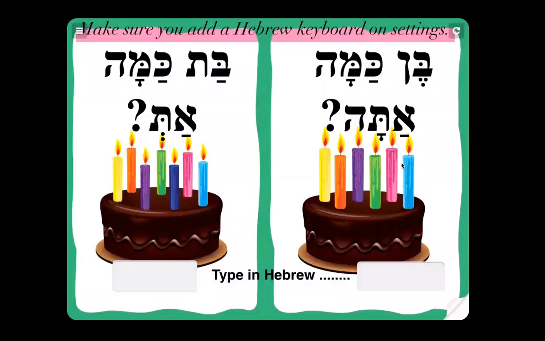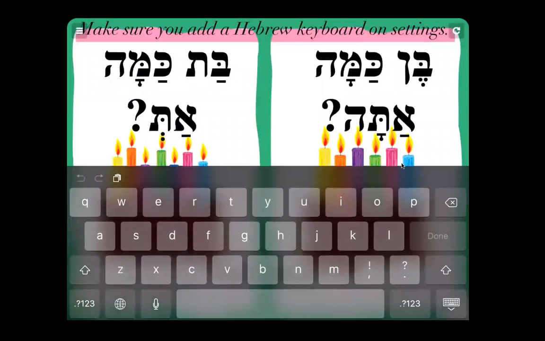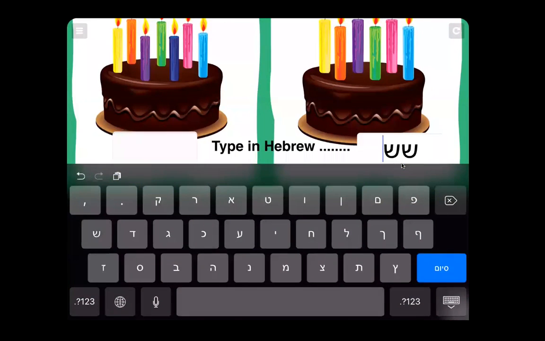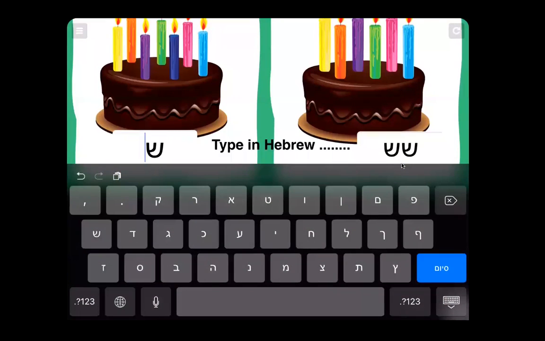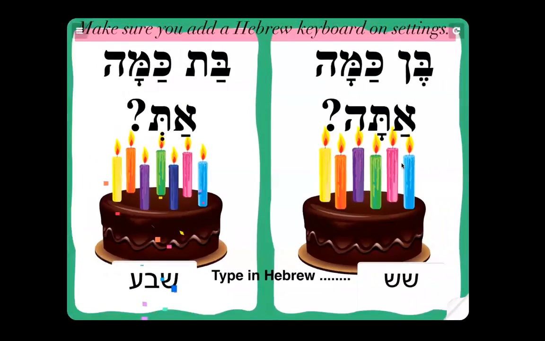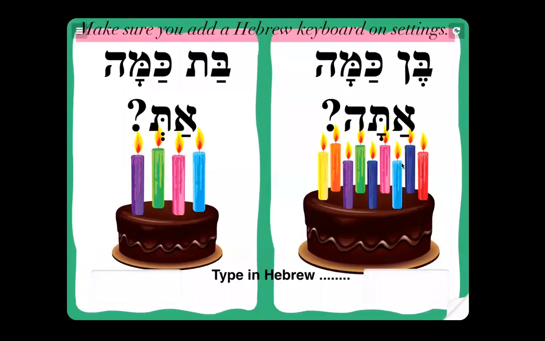So ben kama ata, I have to count the candles, 1, 2, 3, 4, 5, 6, and write here shesh. And then count the numbers here and write here sheva. So she created 5 different units for numbers to teach numbers in Hebrew. Great games. I'll tell you the name and you can see the different games she created.